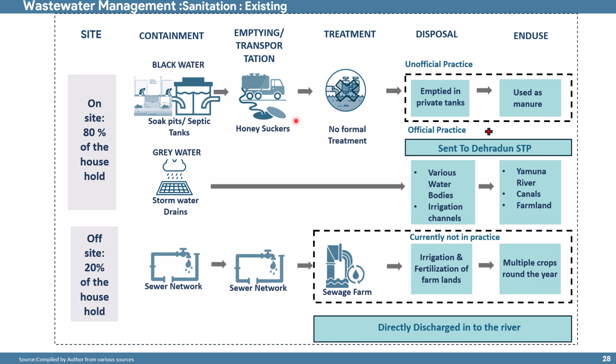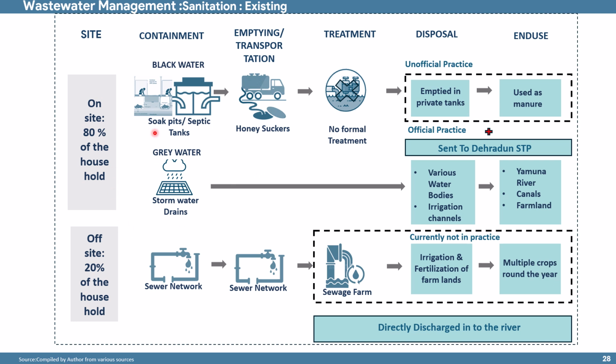Officially it is supposed to go to Dehradun STP, but as per the KII and interviews, it has been observed that very little of it goes to Dehradun STP, while the maximum part is unofficially dumped into a private tank, which is then unofficially used as manure by the farmers.